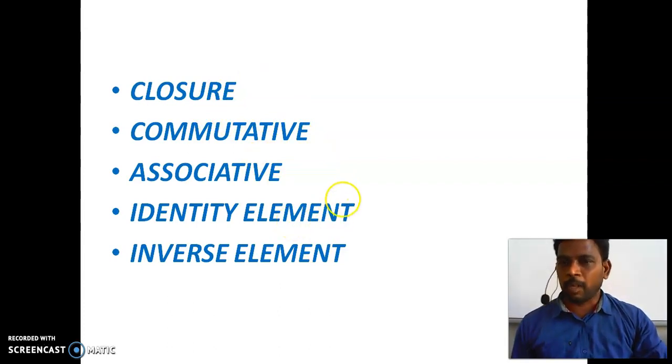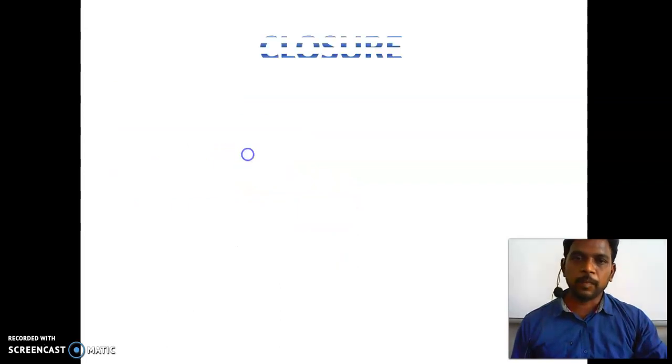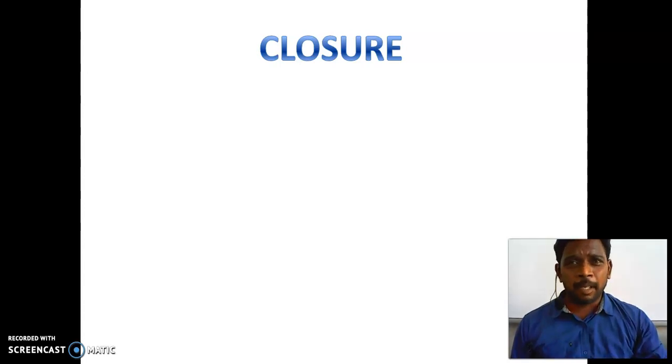Now we are going to see them one by one, right? So closure. So what is closure? Closure is nothing but if you take any two numbers and operate on them, operate means you can either add or subtract or multiply or divide, whatever it is, the result will be the same kind of number. Then that satisfies the closure property.